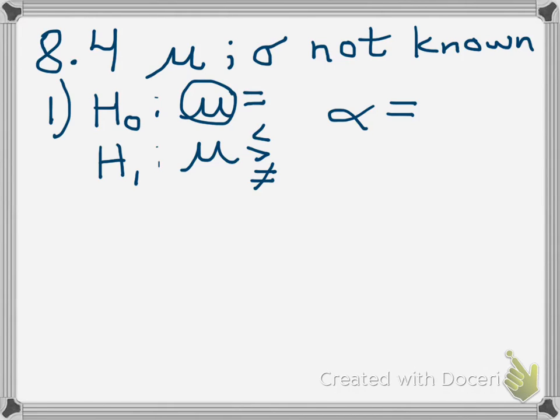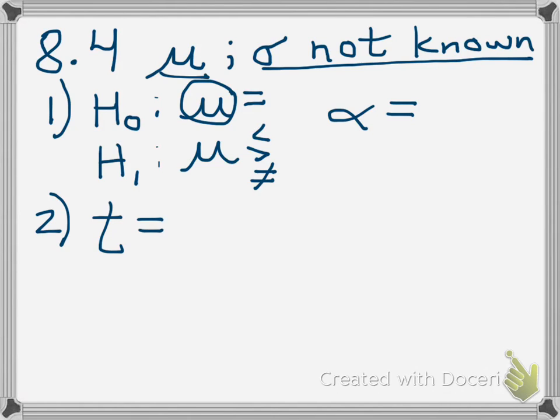Okay, since we're testing mean, and we don't know sigma, step 2 then is going to be a t-test. Sometimes you'll hear it referred to as student's t, because actually a student came up with this, but we just usually refer to it as the t-test. But if you hear student's t, it's the same thing.